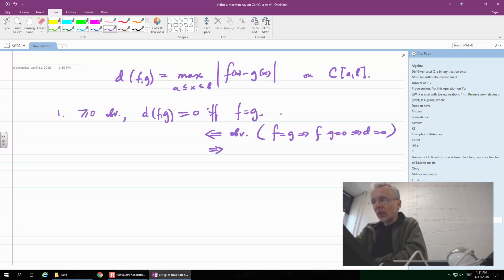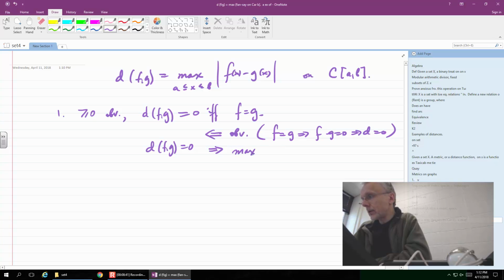So suppose this is equal to 0, then now let's follow on with this. d(f, g) is equal to 0, which means that the maximum of this thing is equal to 0. Then what? This thing is equal to 0.